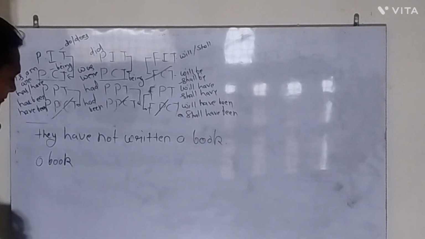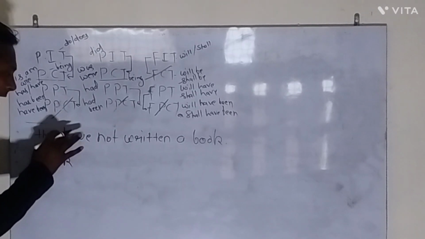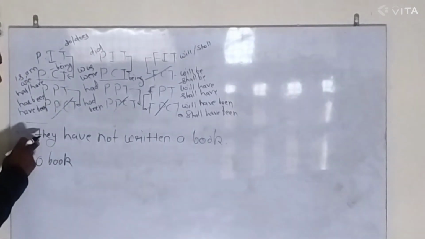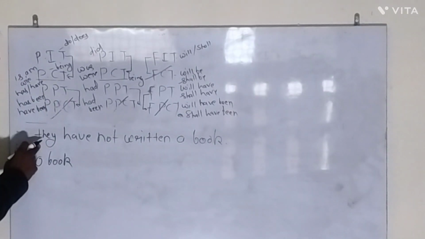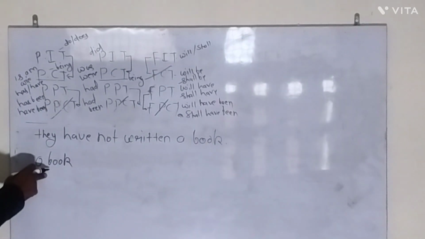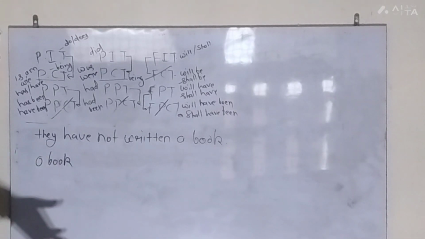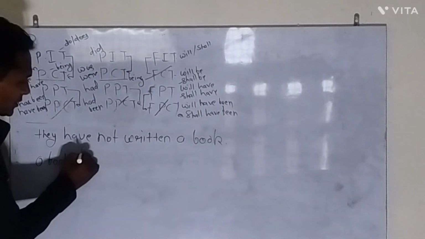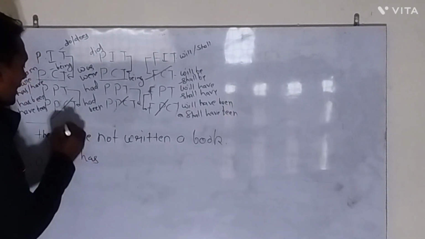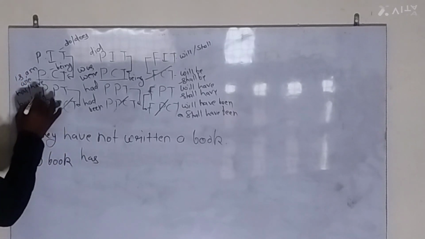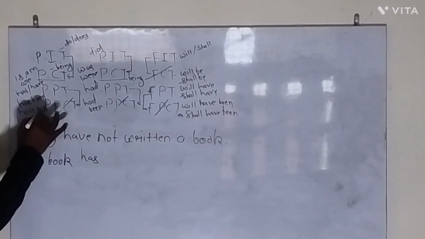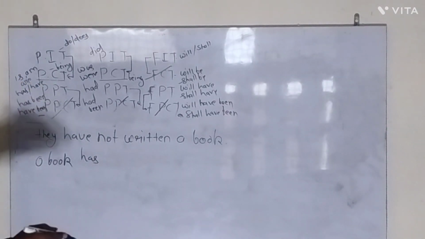Now "have": here the helping verb is have because the subject is plural. But for this one, a book is singular, so what do we use? Has. And if you are using it for this, then you have to use the helping verb of present perfect continuous tense.